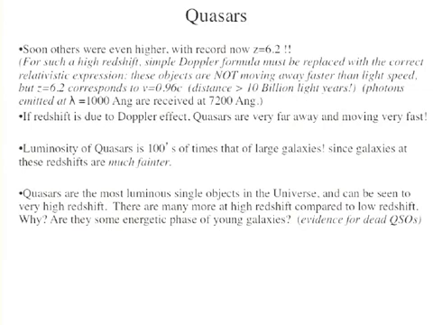No. It means that this formula does not work anymore. The reality is the object is very far away, and it is definitely moving fast, but not faster than the speed of light. Okay, and these things are gigantically luminous. Now, what is it? How does it get there?